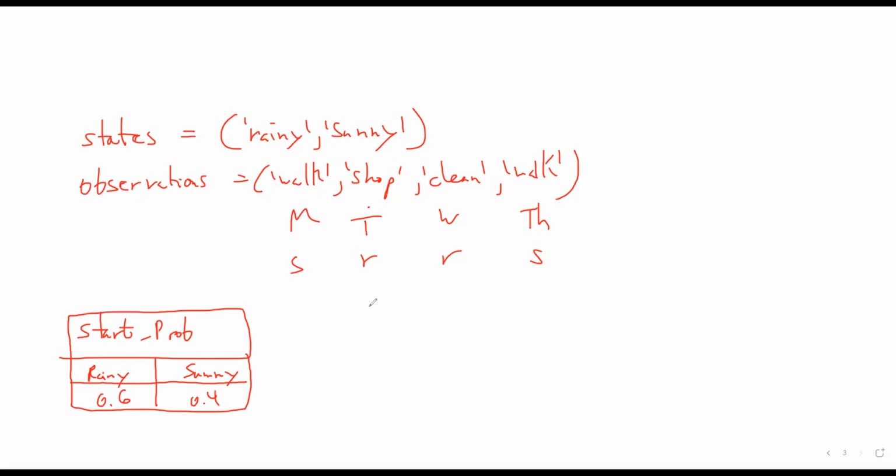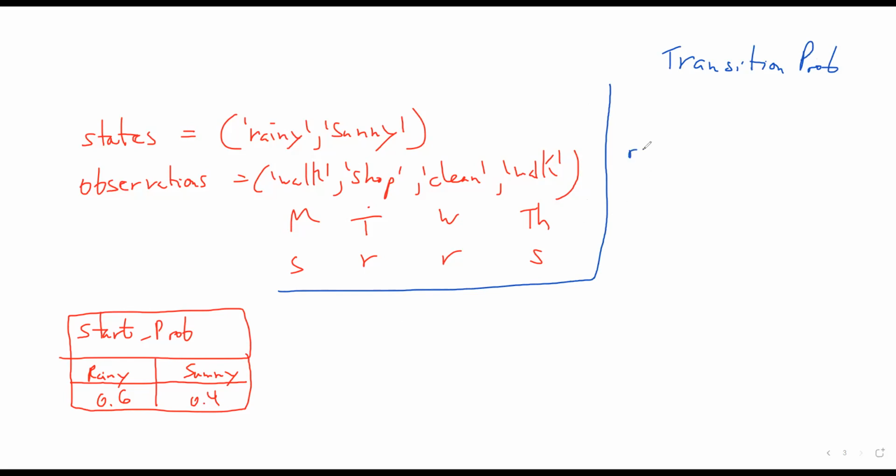Okay, then we need what are called the transition probability. So the transition probability is going to be the probability of going from one state to another. So I'm going to say rainy, sunny, and then rainy, sunny over here.